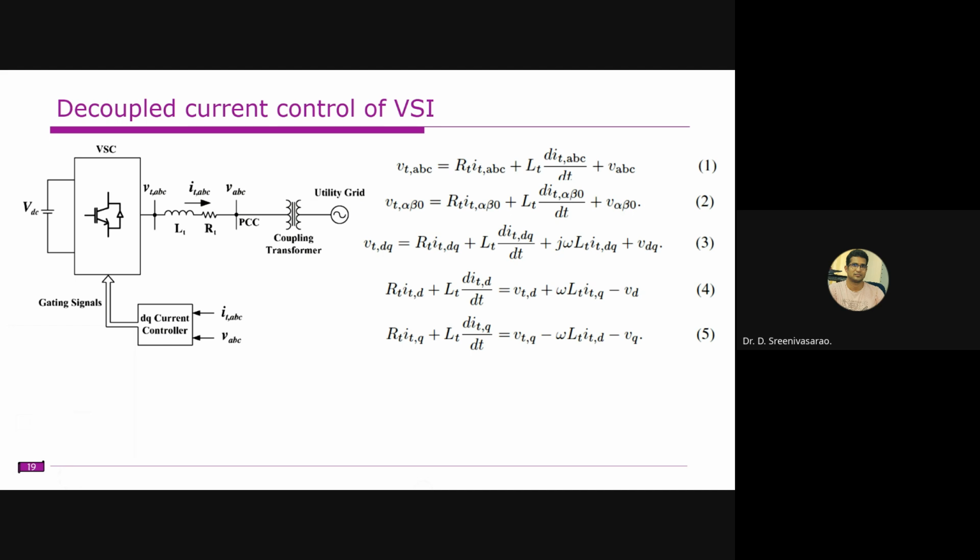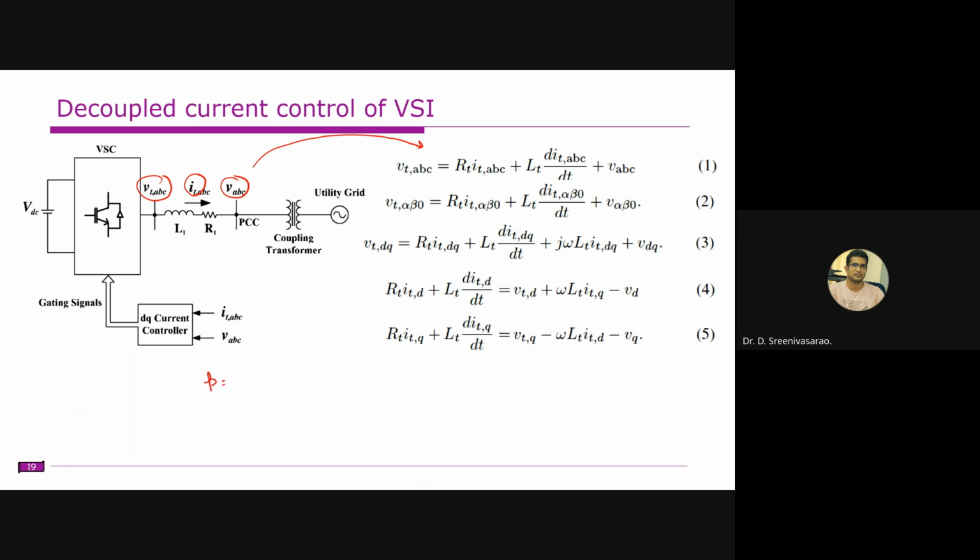Right. The first thing is that this is VtABC, IABC and VABC, right? Here we first transform this from ABC to the alpha beta reference frame, and again we transform back into the ABC reference frame. Before that, we need to understand the powers in the DQ reference frame.